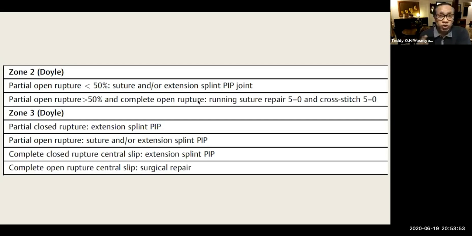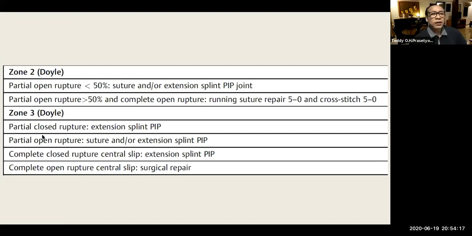So then you need to suture it again with running suture at zone 2. Or you can use cross-stitch suture. Of course, it's like making a figure of 8, something like that, with the crisscrossing suture.